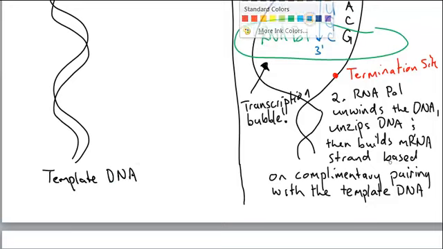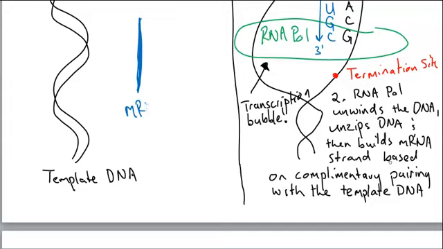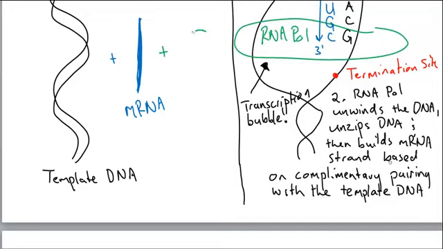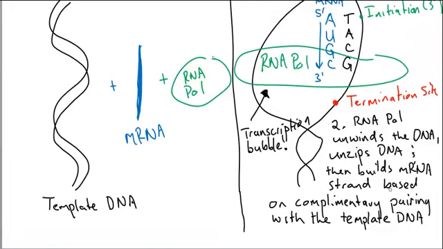We get our new copy of mRNA, which is this nice linear strand of mRNA. Plus, we get our RNA pol back. So it can go on to more parties and copy and make more mRNA. Nothing's damaged. The promoter site is still there on the template DNA. The initiation site's still there.